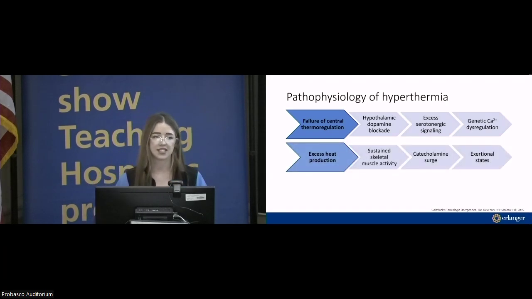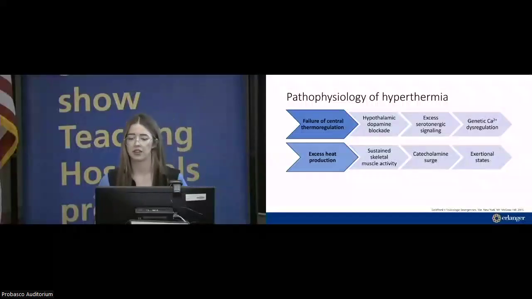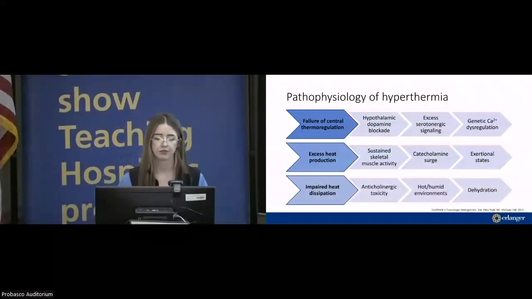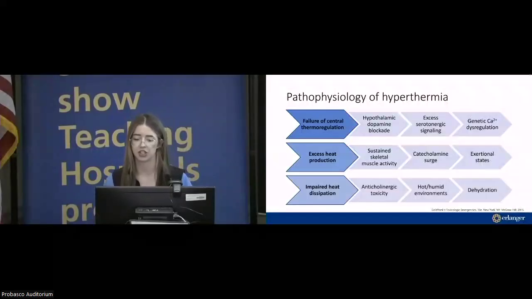You can have excess heat production, which is seen with exertional heat stroke, stimulants, and malignant hyperthermia. Or you could have impaired heat dissipation. This is seen in anticholinergic toxicity or dehydration in a hot environment. So understanding the underlying mechanism can help you tailor your management.